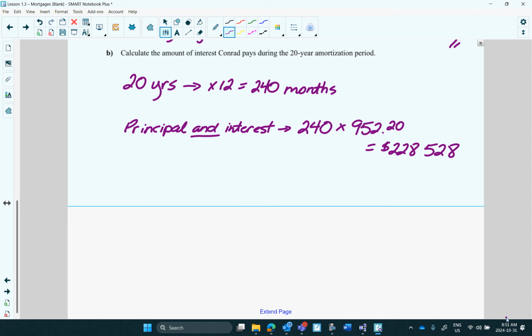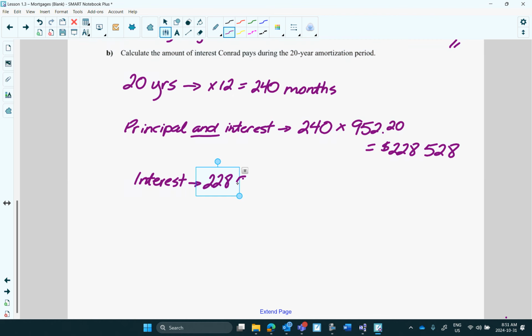$180,000 of which is the amount that he borrowed, which means the remainder must be the amount of interest they charged him over the 20 years. Okay, so the interest alone will be how much he paid in both, 228,528, minus his original loan, 180,000. So this is principal and interest.